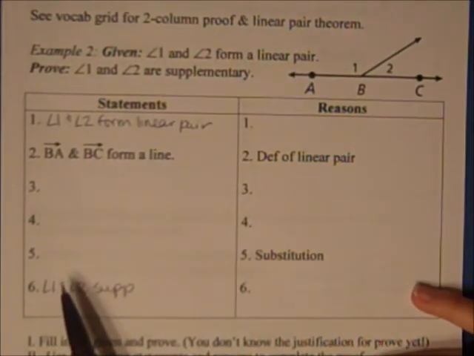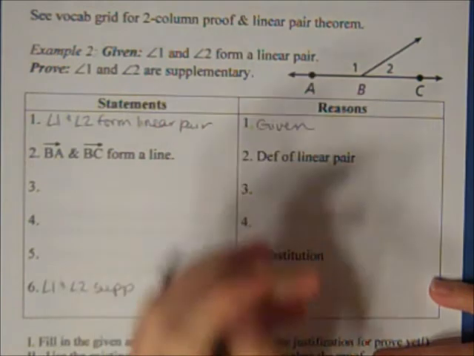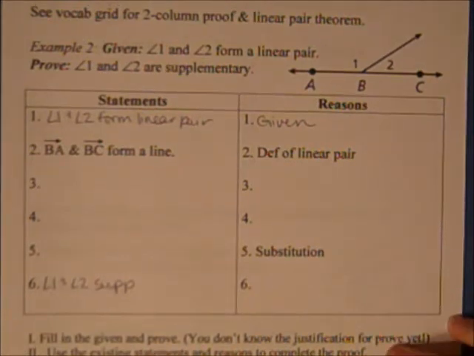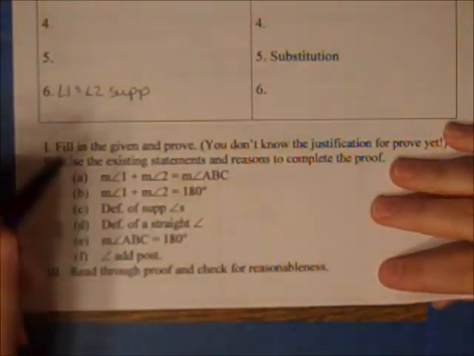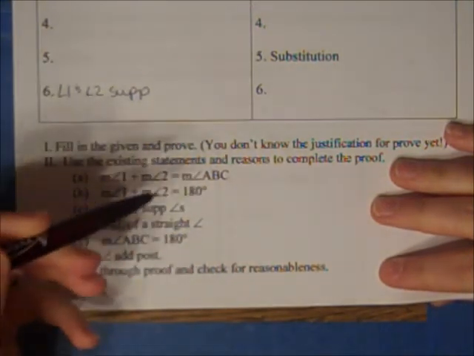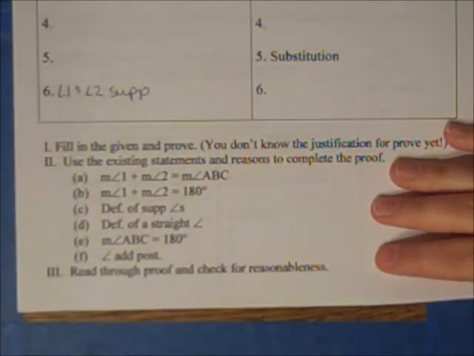The other thing you can always fill in right away is the first reason will always be given. So good, we already have 3 out of our 12 boxes filled out and we didn't even do anything. Now, if you look down at the bottom of your notes, you have choices to choose from, and I'm just doing this while we get used to doing proofs. So you're just matching right now, and then as we move through, you'll be able to come up with these yourself.